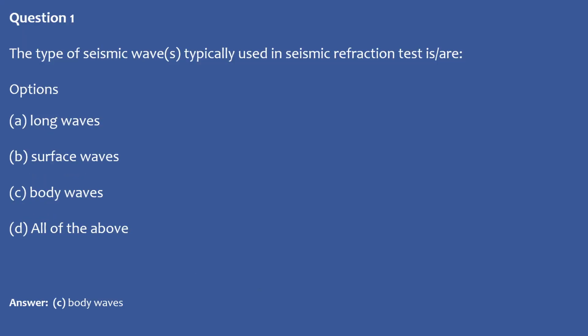Okay. So the type of waves we deal with for the investigation of soil properties in the seismic reflection test is the body wave. Let's have a little demonstration on that.